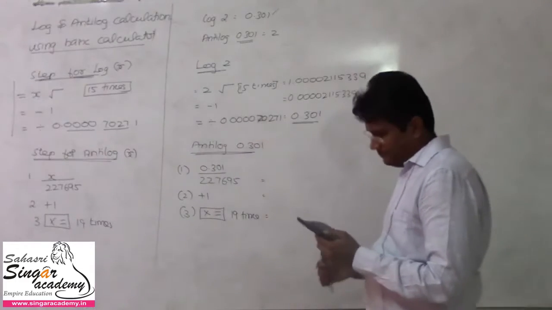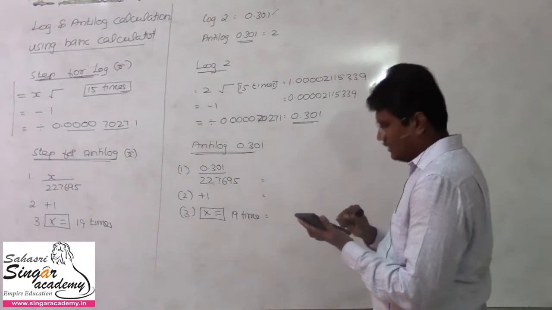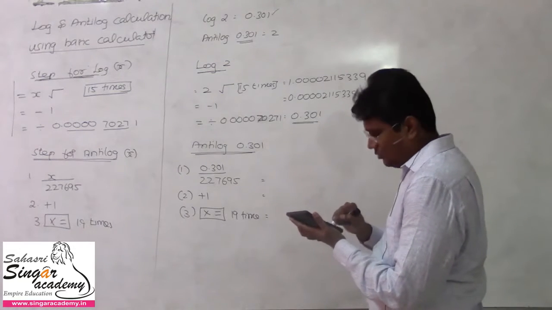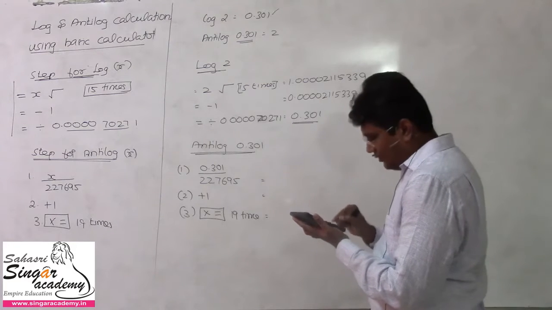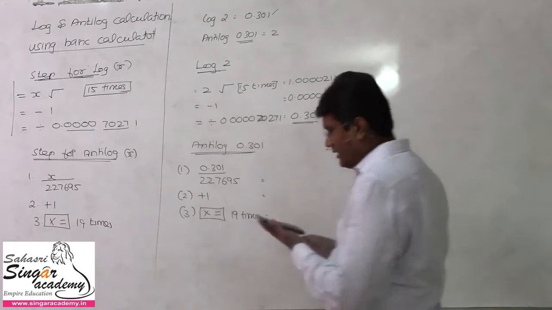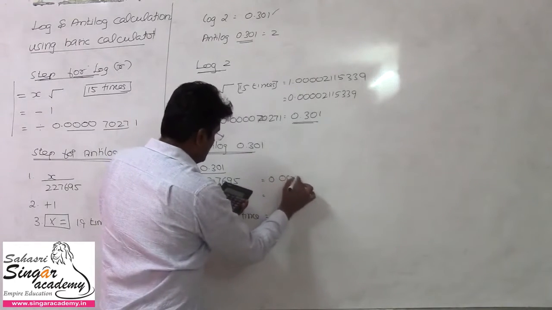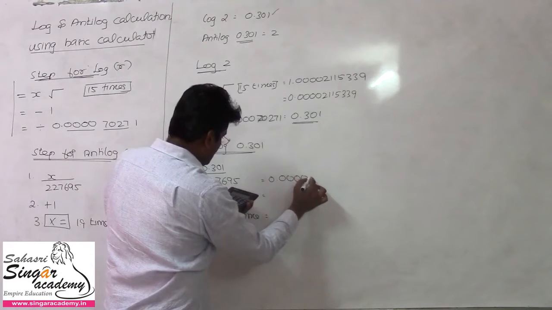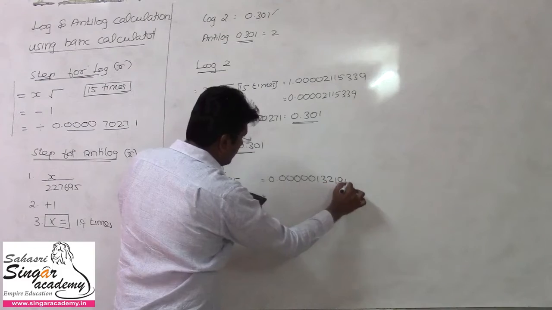Let's now try here. 0.301 divided by 227695. Then you have to add the 1. Before that, the value will be 0.0000 again 0, 132194.